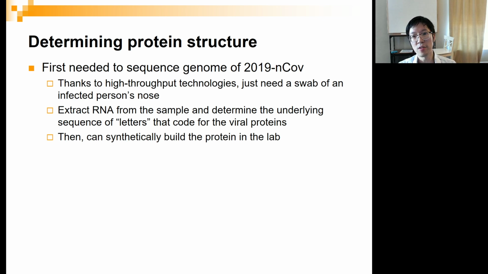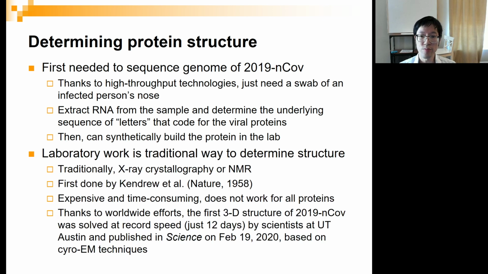That's enough of a sample such that we can extract RNA from it, and that allows us to determine the underlying sequence of letters that code for the key viral proteins. After scientists have done that, they can take what is now known to be the amino acid sequence for the key proteins of the novel coronavirus, build these proteins synthetically in a lab environment, and from there study the structure.